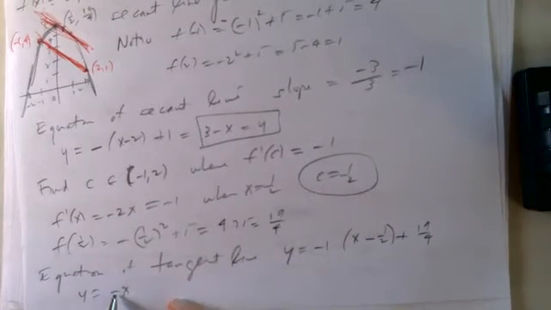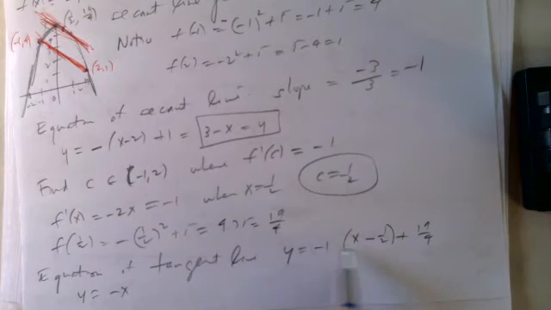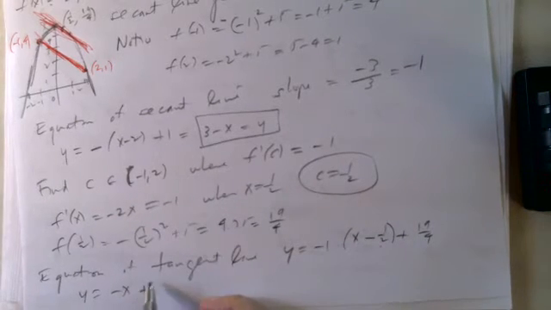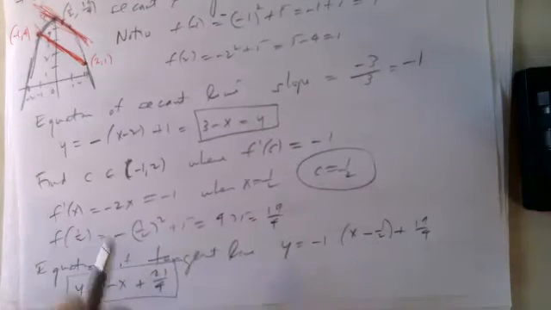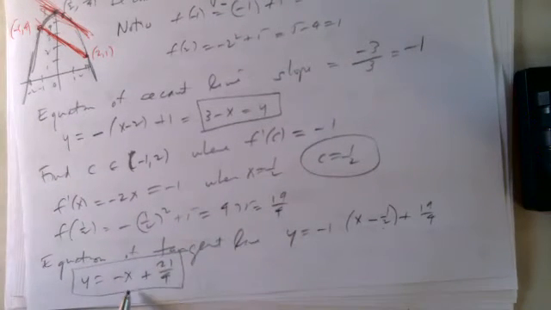So y is minus x plus 1/2 plus 19/4, which is minus x plus 21/4. So this line has slope minus 1, and when x is 1/2, you get 19/4, just what you're supposed to get. So that is an application, in some sense, of the mean value theorem.